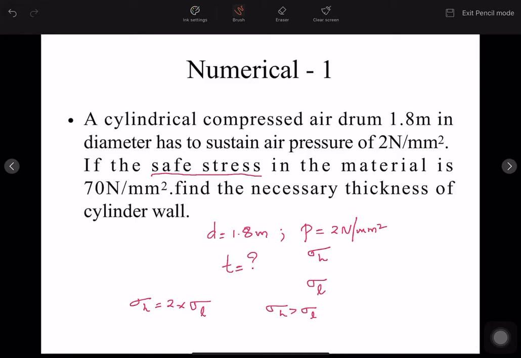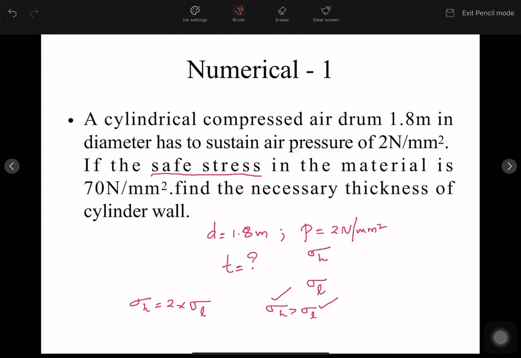That means if a cylinder is safe for longitudinal stress, it doesn't mean that it will be safe for hoop stress, because the sigma L value is lesser than sigma h.